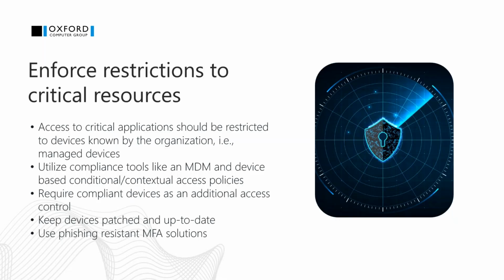So some recommendations that we've seen, and again, this is from our own experience and from published information, is number one, we want to encourage customers to enforce restrictions to critical resources, meaning if possible, make sure that access to critical resources such as Exchange Online, SharePoint, your human resources capital management solution, financial applications, those type of applications that could be very damaging if they're breached, that access to those applications is only coming from known devices that are known to the organizations.